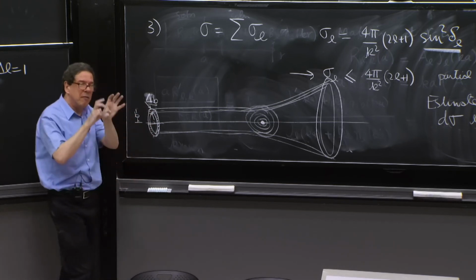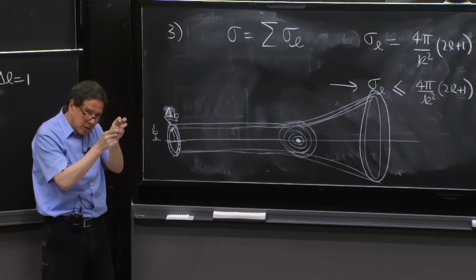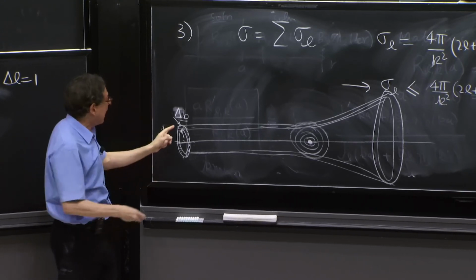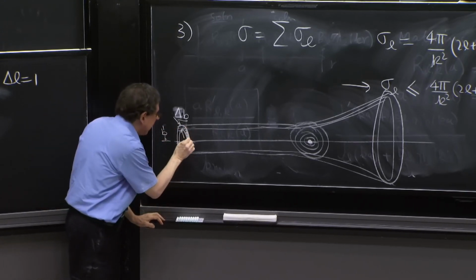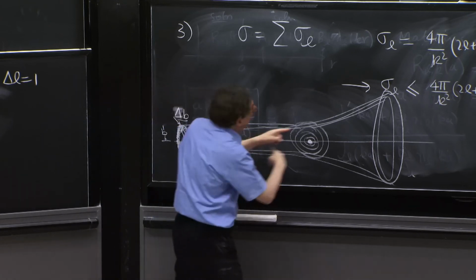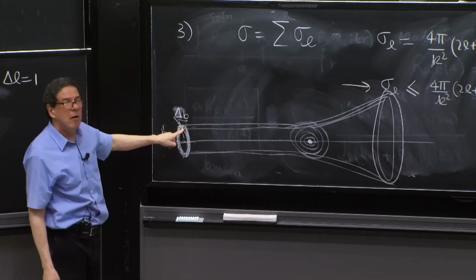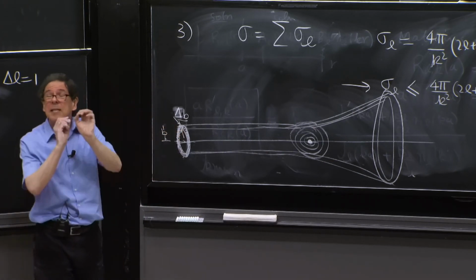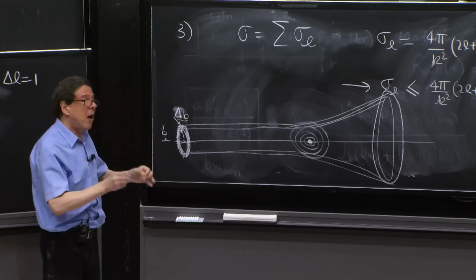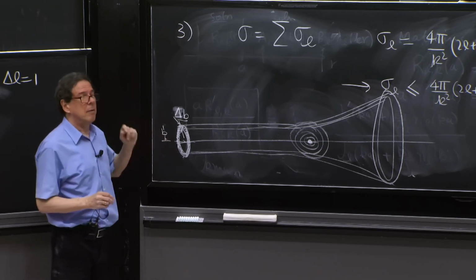So you can think of concentric cylinders. The L equals 0 partial wave, the L equal 1 partial wave, all of those are cylinders. And they all contribute areas. This is the area where all the particles are going to scatter. So this little thin cross-sectional area here is the contribution to the differential cross-section from this partial wave in the classical approximation.